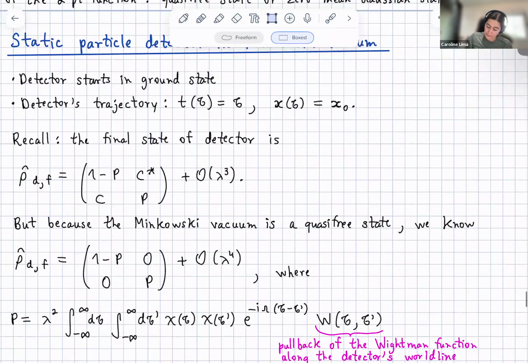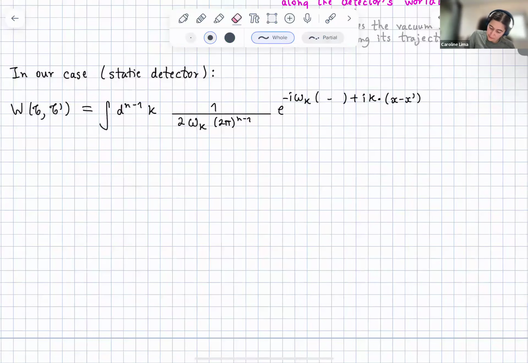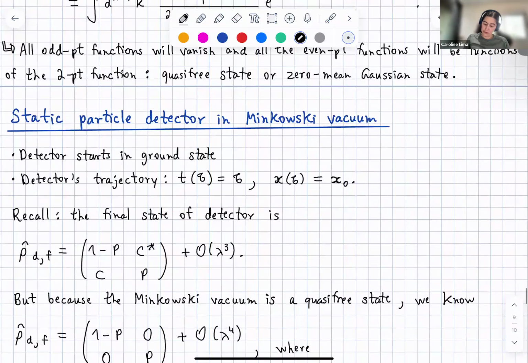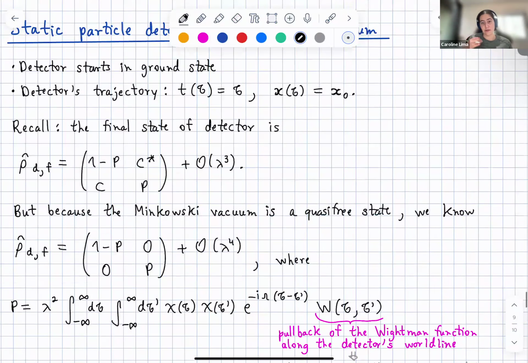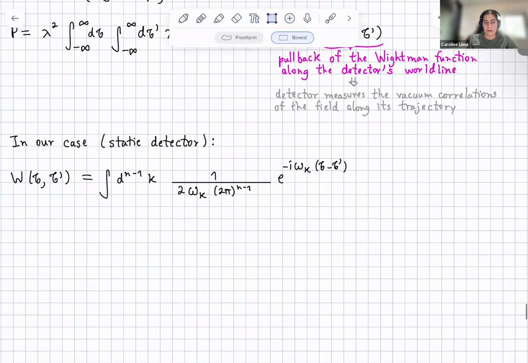I know that t is going to just give you tau, so here I have tau minus tau prime. And the spatial coordinate is always the same, so this part is just going to drop and vanish.